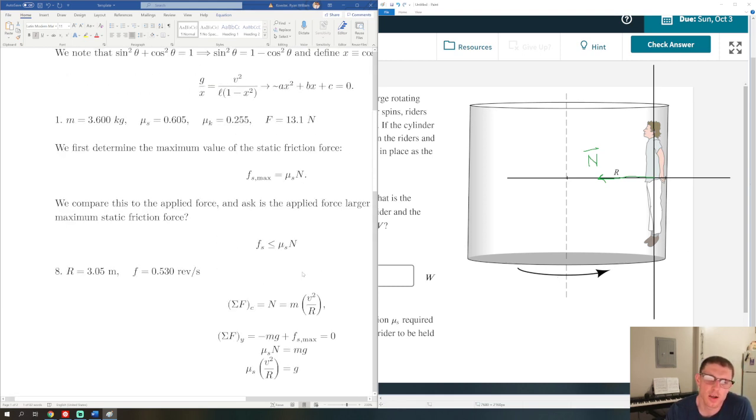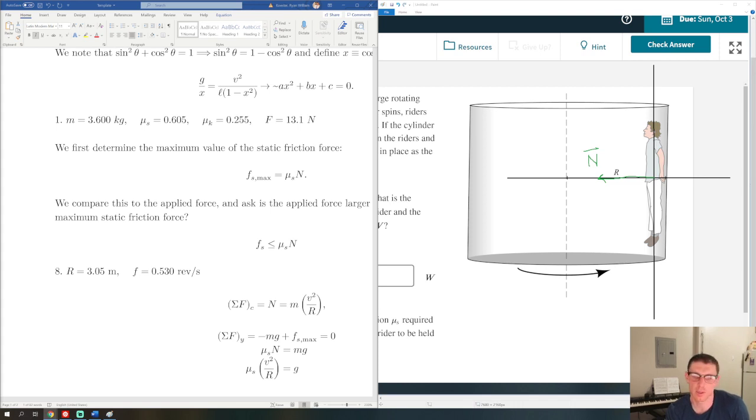Let me see here. So we just want to get, I mean, there's a formula for this, right? Maybe we should just look at that. He's just saying velocity generally. Okay. Let me see if I can find this formula really quickly. I don't want to derive it.